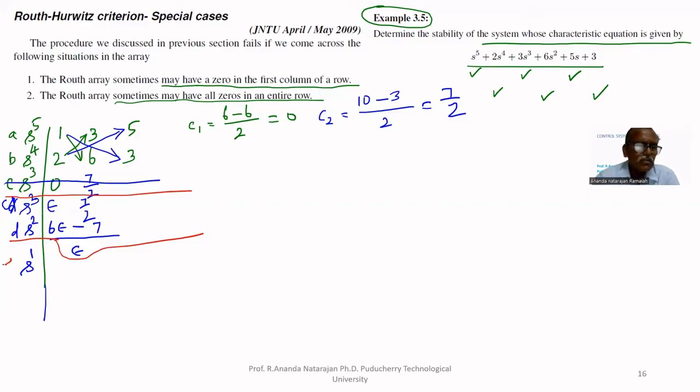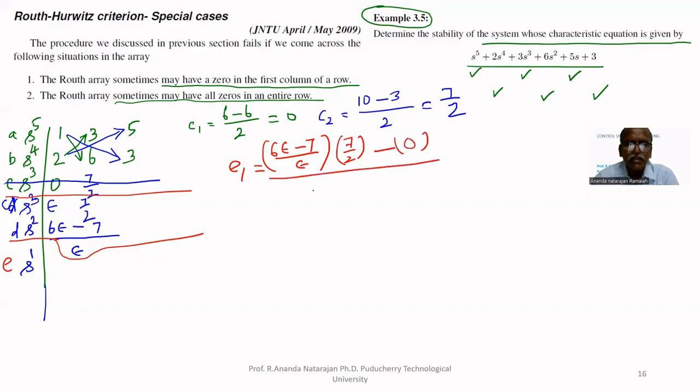E1 equals (6 epsilon minus 7 divided by epsilon) multiplied by 7 by 2 minus epsilon multiplied by 0, whole divided by 6 epsilon minus 7 divided by epsilon.